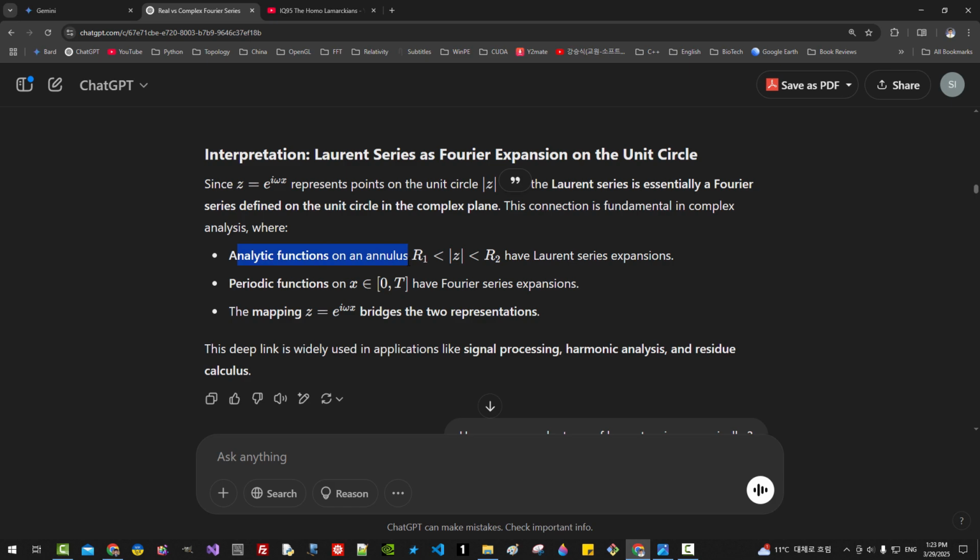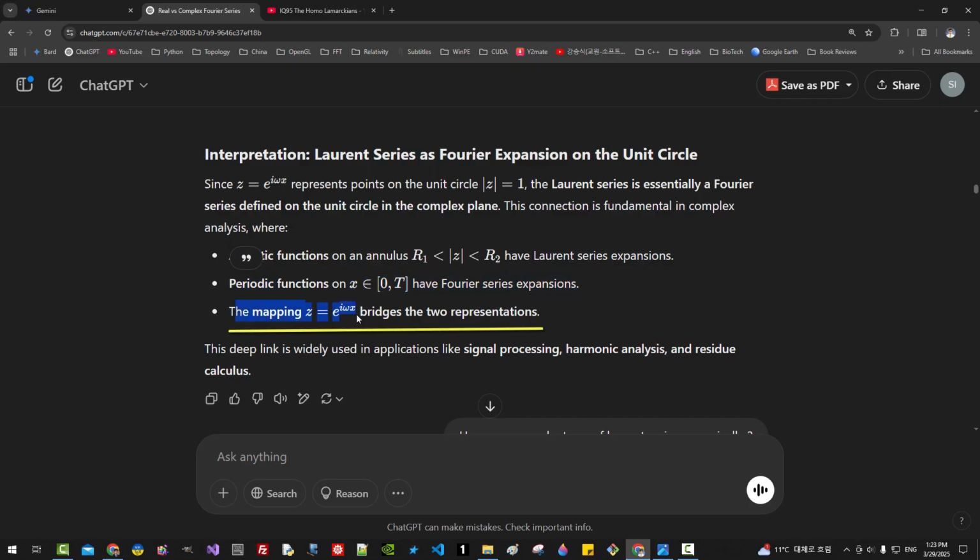Analytic functions on an annulus, with magnitude of z greater than R1 and less than R2, have Laurent series expansions. Periodic functions on x in the interval between 0 and T have Fourier expansions.